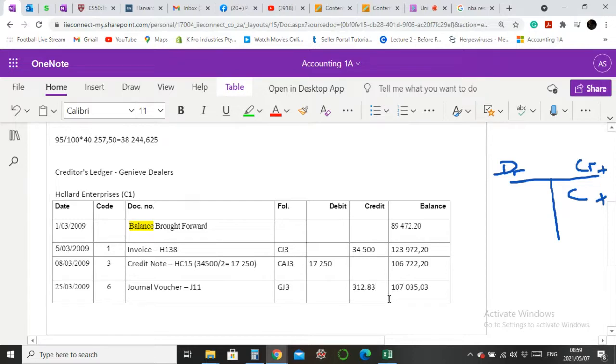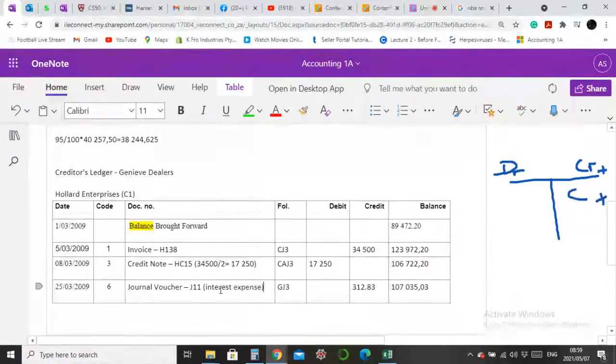312.83. Don't be confused by the fact that they said debit entry for interest of 312.83. That debit means that in our books, because yes, you are right that this is interest, I can just put that in brackets, interest expense.